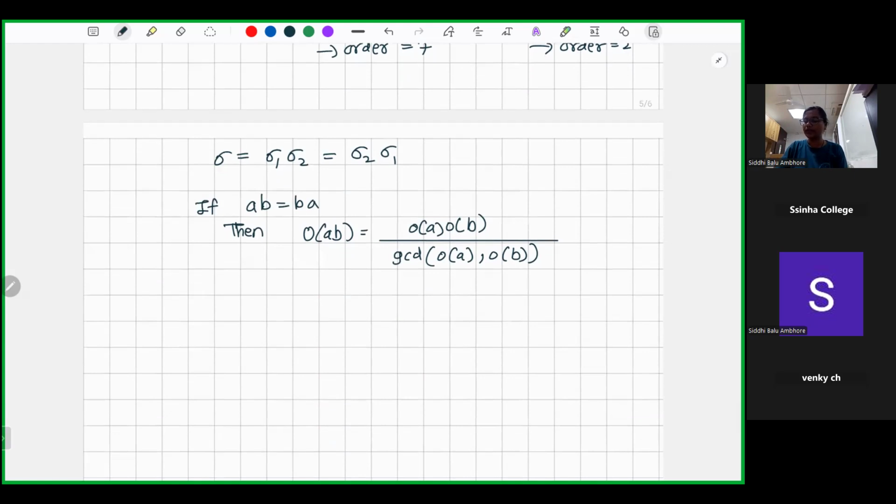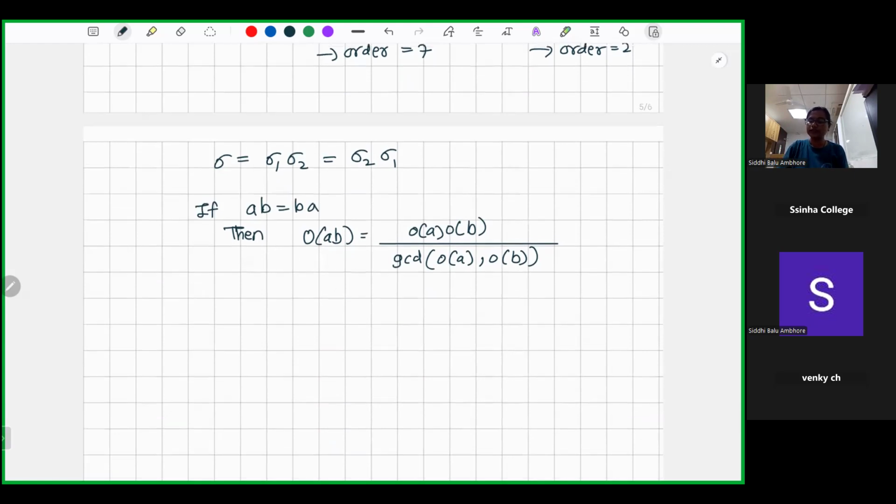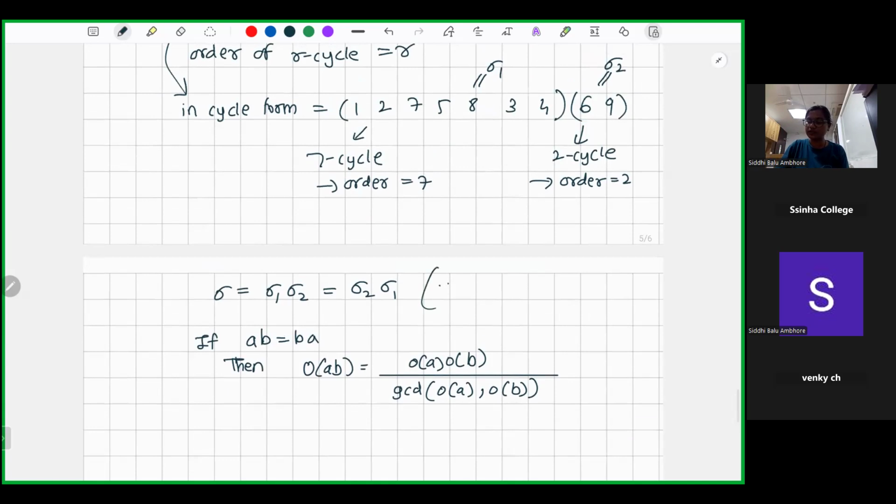Yes. So here sigma 1 and sigma 2 commute, because disjoint cycles imply sigma 1 and sigma 2 commute.